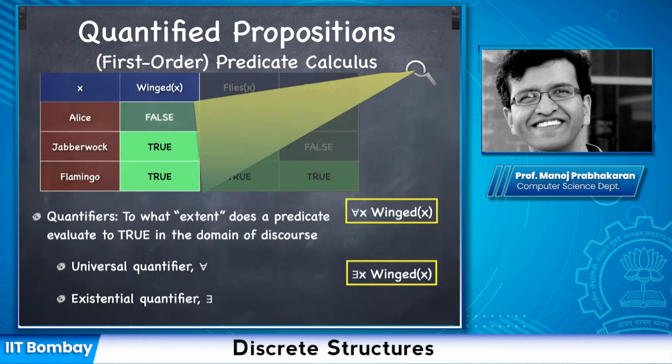Okay, so when I say for all x winged x, the claim is that it evaluates to true throughout the domain, to the maximum extent possible. And there exists x just says, okay, it's not zero, it's not never. There is some place where it does evaluate to true. So these are called the universal quantifier, saying everywhere, and the existential quantifier, saying somewhere.